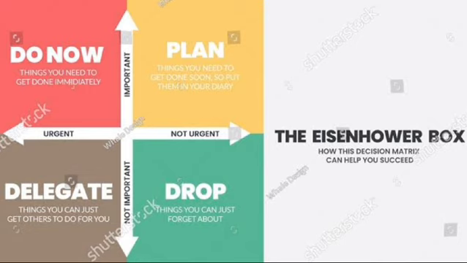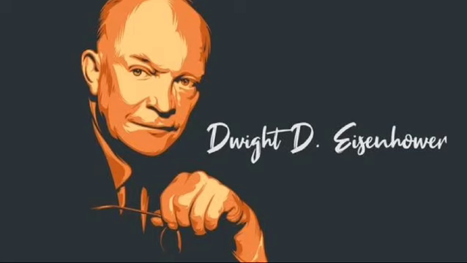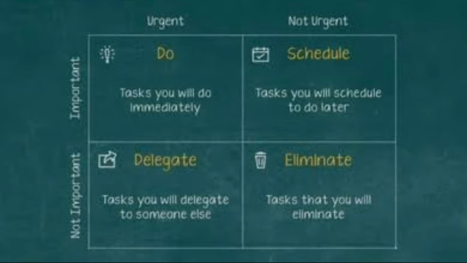So, what exactly is the Eisenhower Matrix? This is named after President D. Eisenhower. This matrix helps you decide on and prioritize tasks by urgency and importance. It divides your tasks into 4 quadrants. The first quadrant is known as urgent and important.